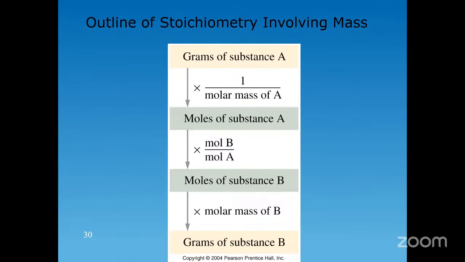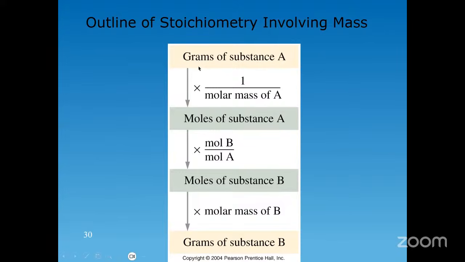But if you're given the mass of one substance, then it's not as straightforward, right? Let's say you're given a certain amount in grams, you'd have to convert that to moles before you do the mole ratio. And then if the question is asking for the mass of the other substance, then you have to convert the moles of that substance to grams to get your answer. And that's what this outline is all about.